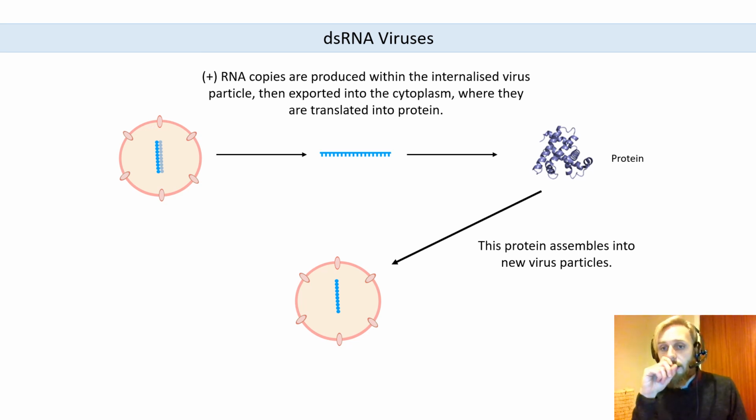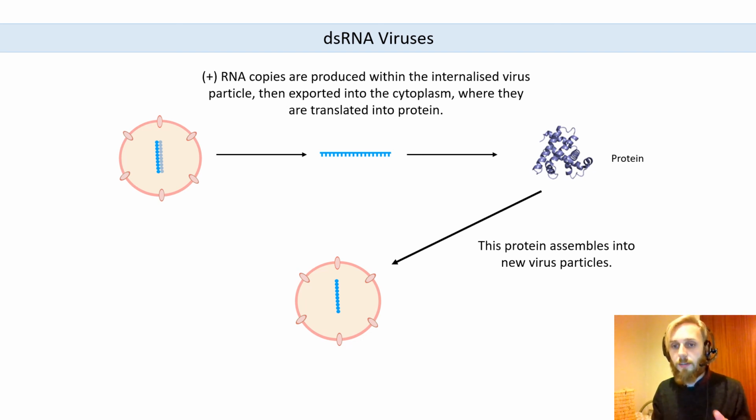Within the new virus particles, we have packaged a positive sense copy of the viral RNA genome because, as we just said, the virus is exporting positive sense copies of its RNA genome into the cytoplasm where the positive sense RNA copy can be translated into protein. But some of these copies will be packaged into new virus particles.